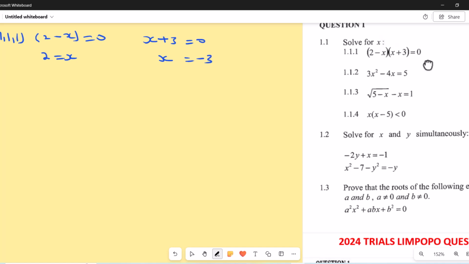Note that if this was not 0, I would first open brackets and then form the quadratic equation and then either solve by factorizing or using the formula.